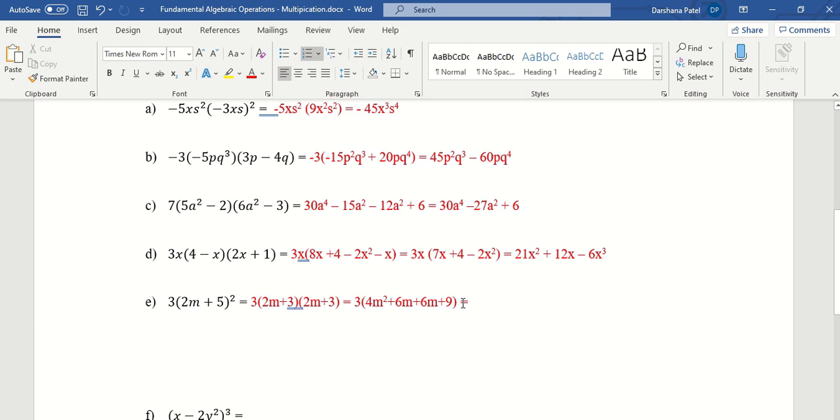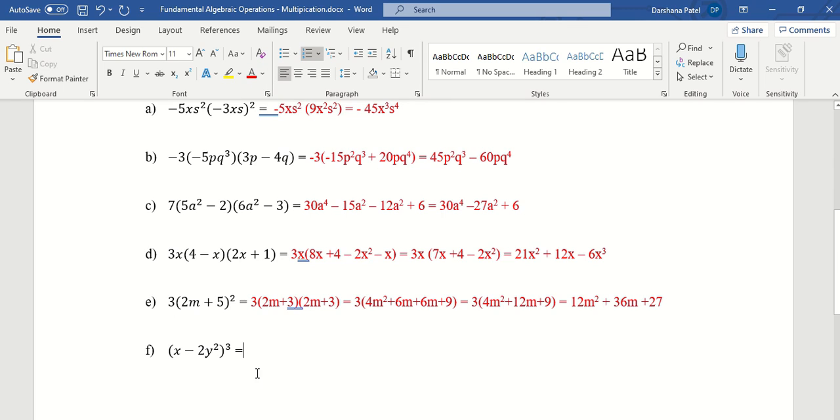So we will say this will be then 3 times (4m square plus 12m plus 9), and multiplying 3 inside, we'll get 12m square, 12m times 3, 36m, and 9 times 3, 27. If you need the formula, you can do it directly as well.